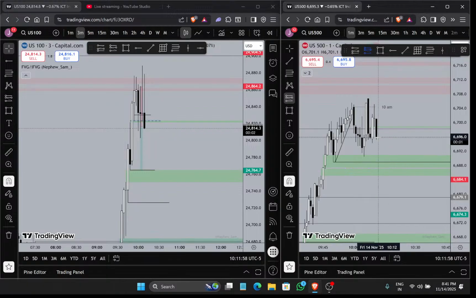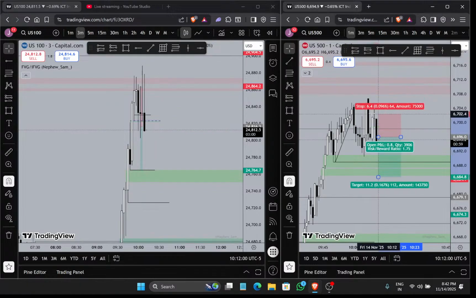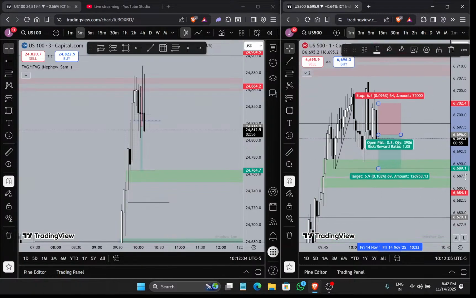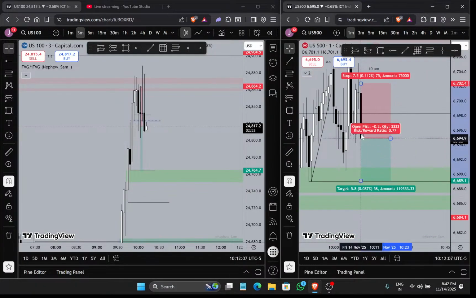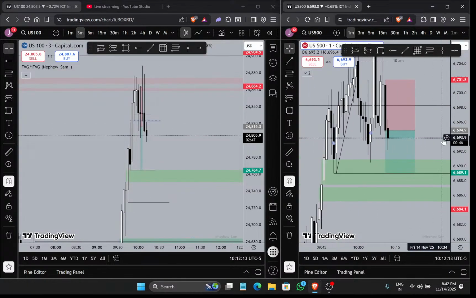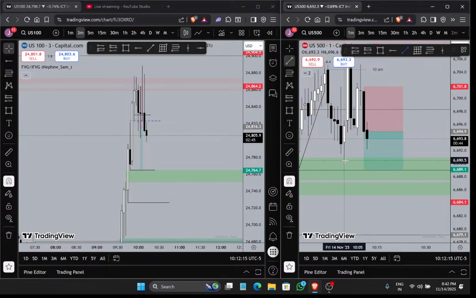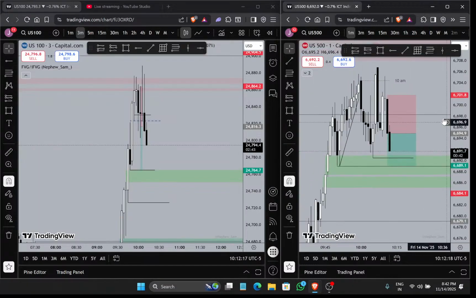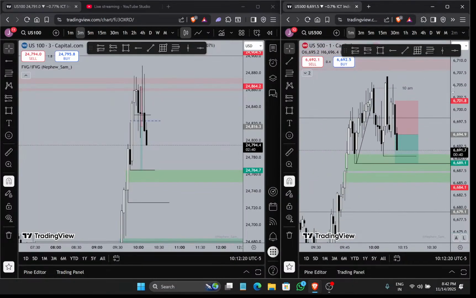If we invert this, I am taking that to downside. Okay, this will be our trade for a 1-to-1. Let's see how this plays. This is our break even. Yeah, it is playing now.